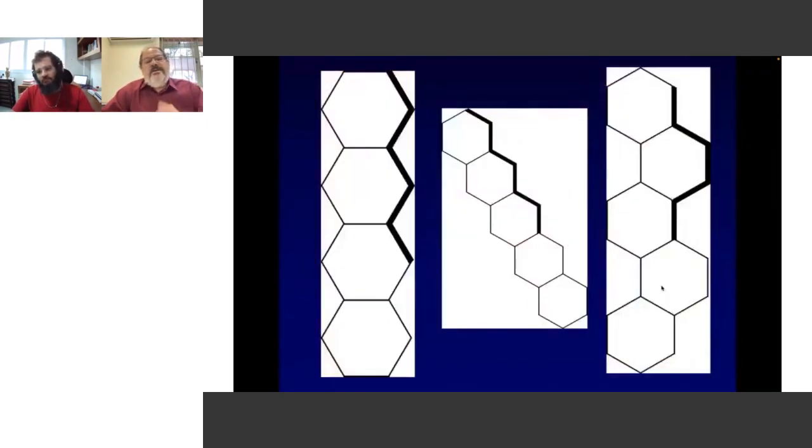In the same way as with a piece of paper, depending on the angle, the inclination angle, you can have different structures: the armchair structure on the right, the zigzag structure on the left, and a mix of them, the chiral ones.